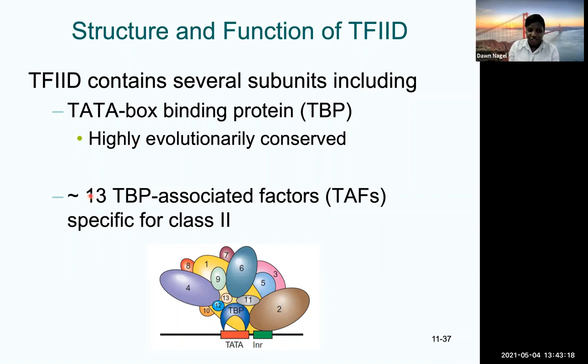In addition, there are 13 TAFs, which are TBP-associated factors. So this is the complex that's descended down on this TATA box in the DNA. All of this is TF2D, and these are the components of TF2D.